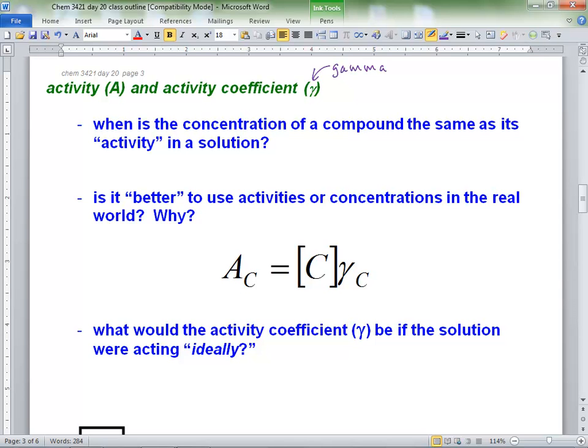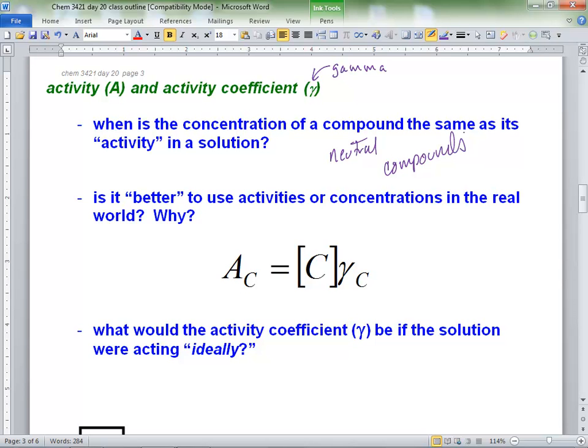There's no ion there. So I would say for neutral compounds, there's no ions in it. That's the whole reason why there's a problem. Ions interact in solution. You end up with these effective concentrations. They're not true. They're effective just to get the right answer.